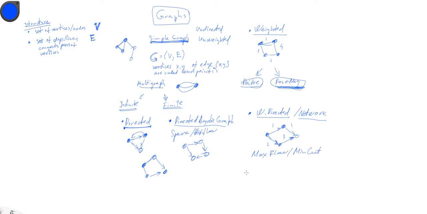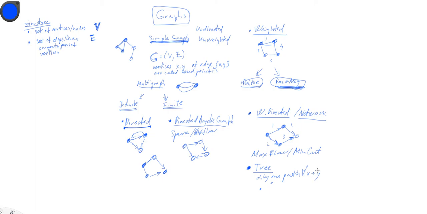Another very simplistic version of the simple graph, or weighted graph, could be a tree. The tree is a type of graph where there is only one path from any x to any y.